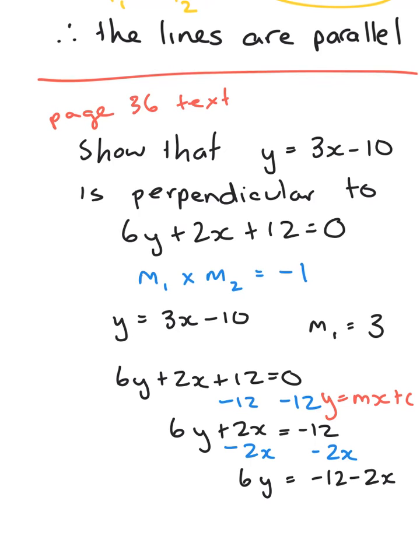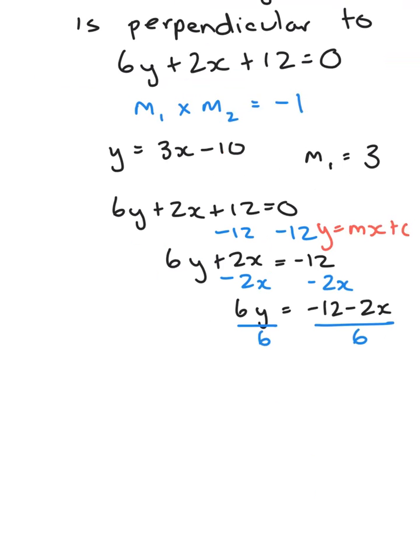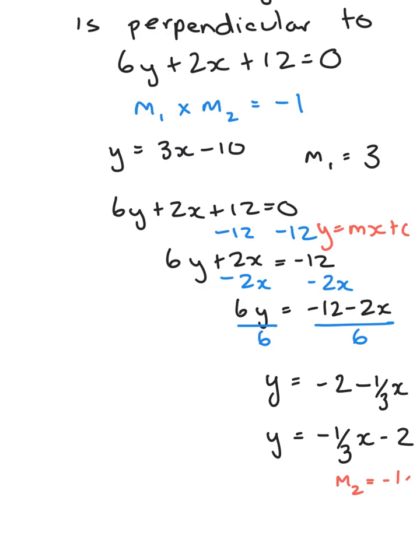Finally, I will divide both sides by 6 in order to get y by itself. This gives y equals -2 take 1/3 x, or y equals -1/3 x take 2. The gradient of this line can now be easily seen. The gradient of the second line is -1/3.